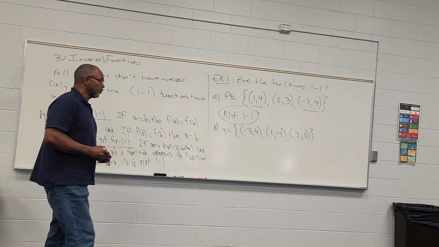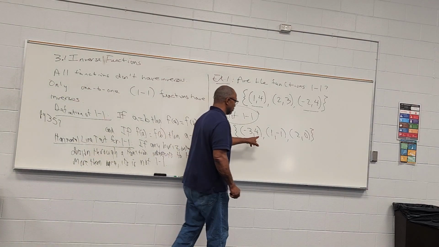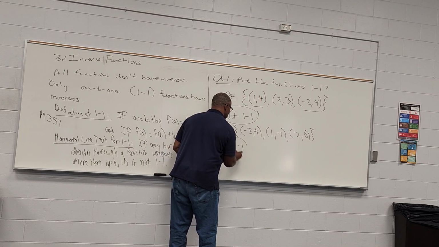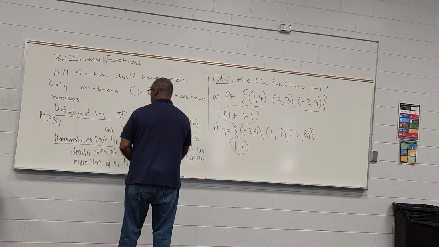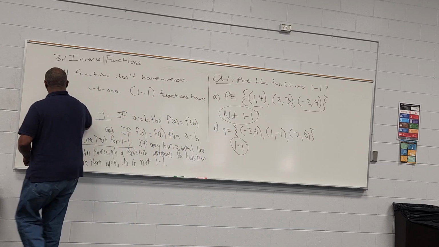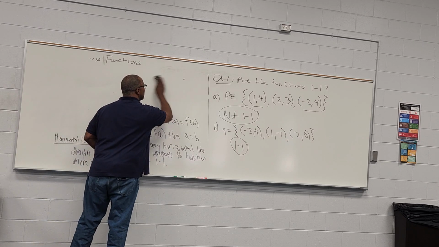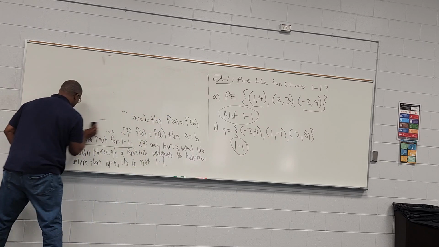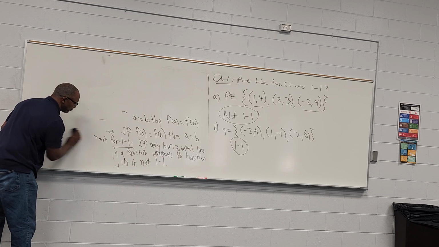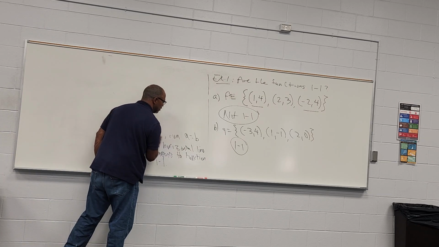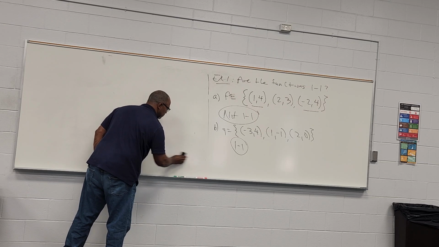So for every different y coordinate, there's a different x coordinate. This is a one-to-one function. So this is pretty easy to tell. If I've got ordered pairs, all I have to do is look and see if I have repetition in my y coordinate. If I do, it's not a one-to-one function.